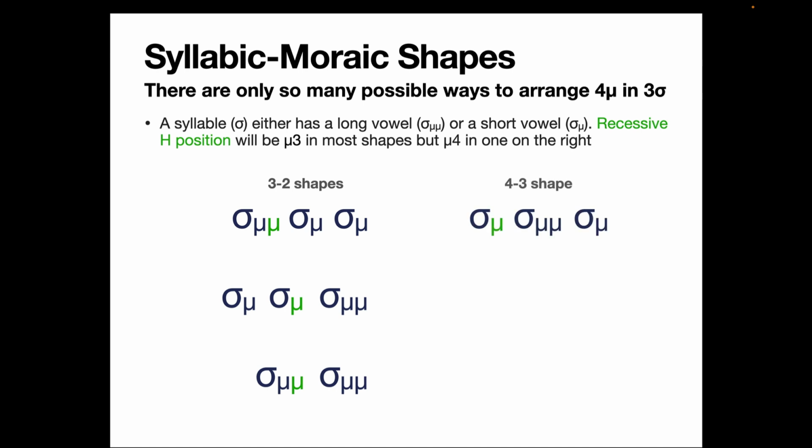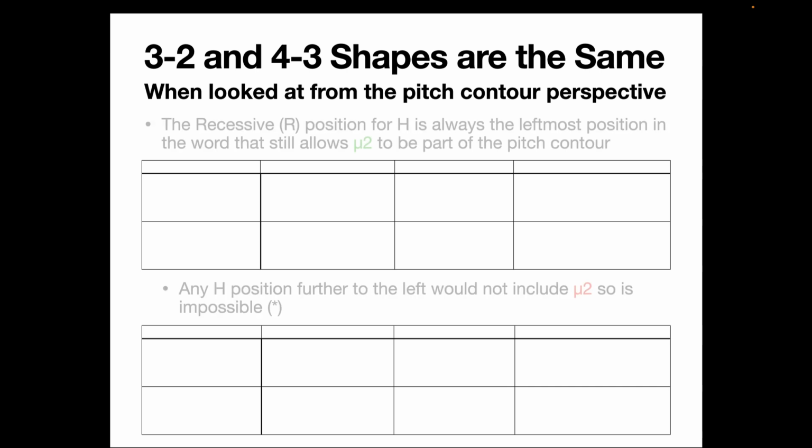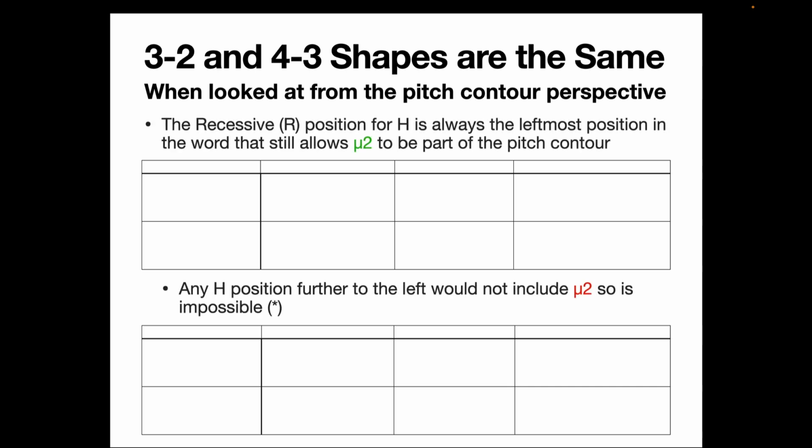In the 4-3 shape, it's on the fourth mora. So we look at these and we think of these as operating in two different ways and leading to two different results, the ones on the left, the one on the right. But that's what I'm going to talk about now. These are actually doing the same thing when we look at it from the pitch contour perspective. So here's another way of thinking about the recessive position.